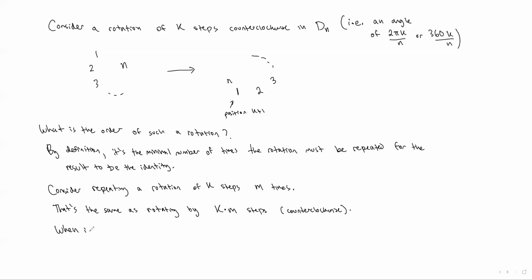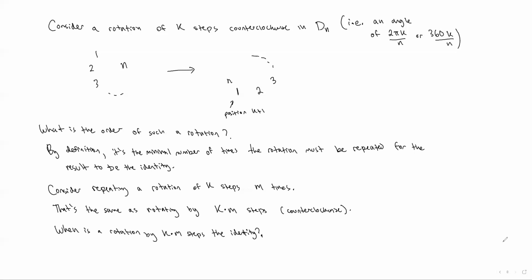When is a rotation by k times m steps the identity? If you rotate by some number of steps, when will that send every vertex back to where it started?